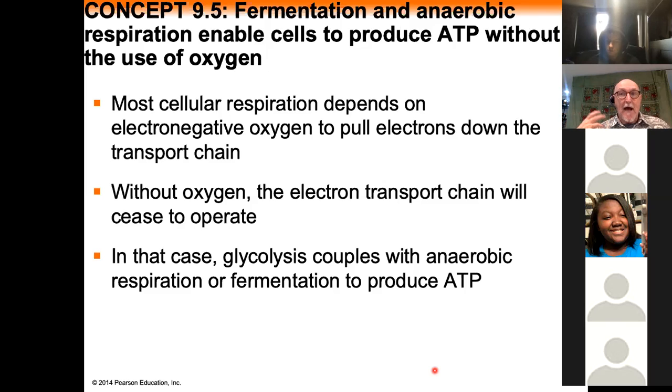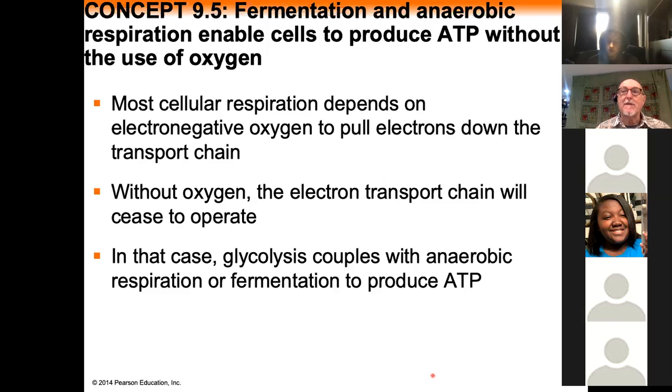In fact, even in our own cells, there are times when we resort to glycolysis. For instance, there are times when our muscles resort to glycolysis as the only source of ATP, temporarily. That's very short-lived. So almost all cellular respiration depends on the presence of oxygen. Without oxygen, most of it stops, but glycolysis will continue for a while.